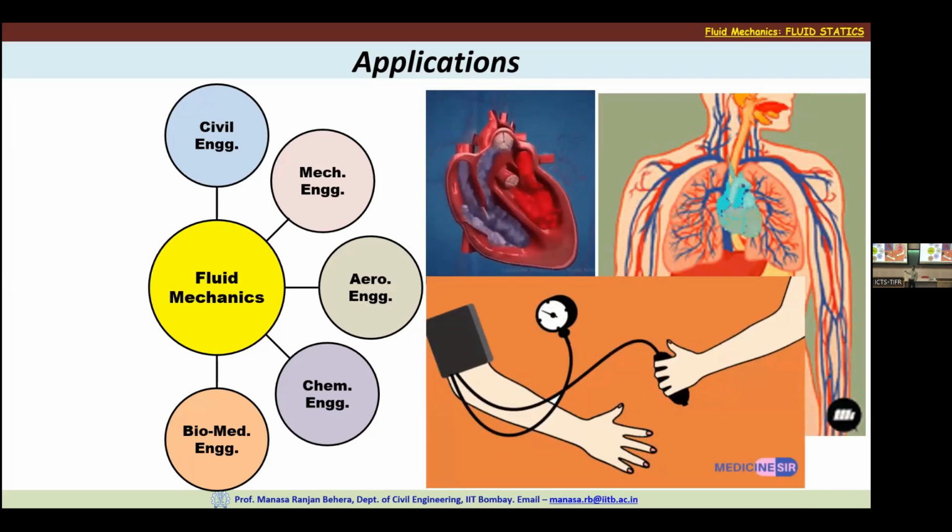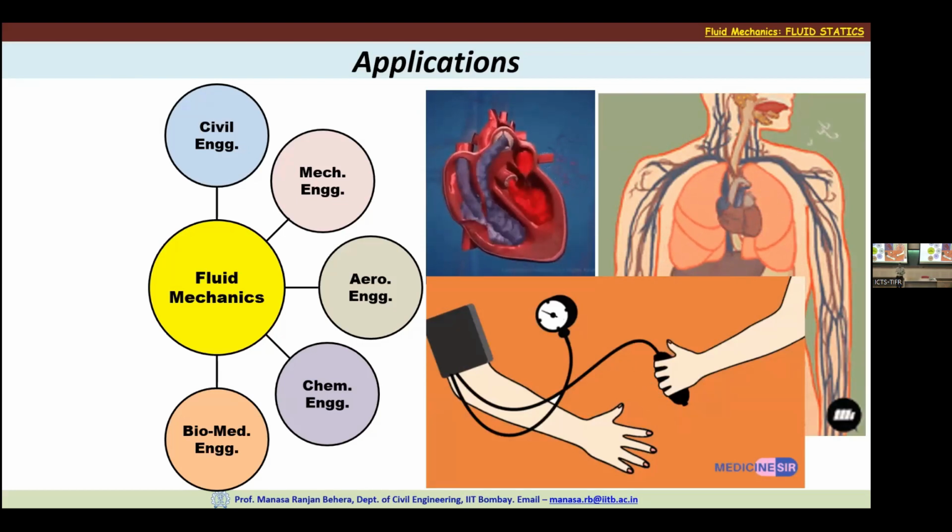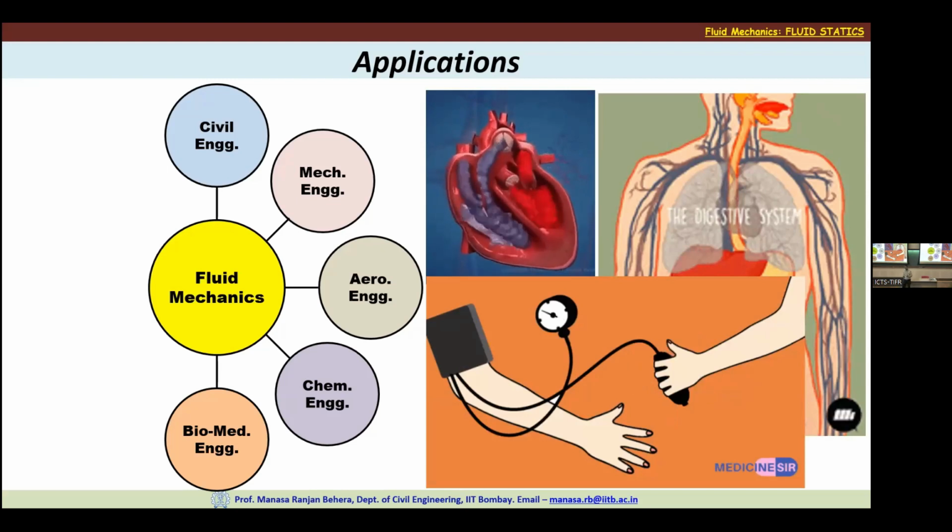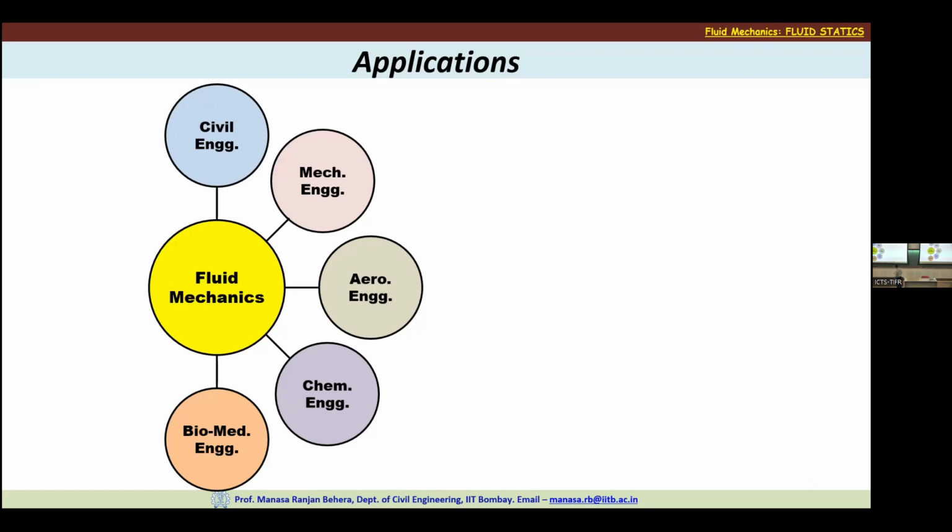These are devices which are developed based on the basic fluid mechanics concepts. Nowadays people are also developing ways to measure blood sugar without piercing. I'm not telling it's fluid mechanics. These are all technologies being developed based on basic fundamental physics and science.